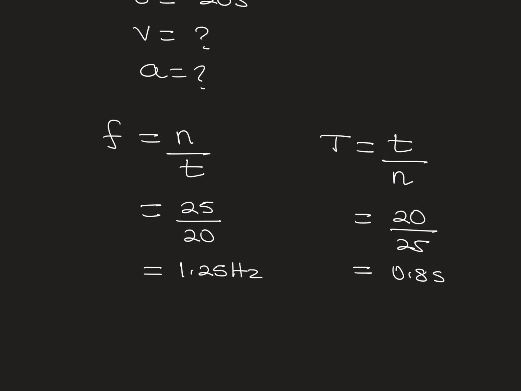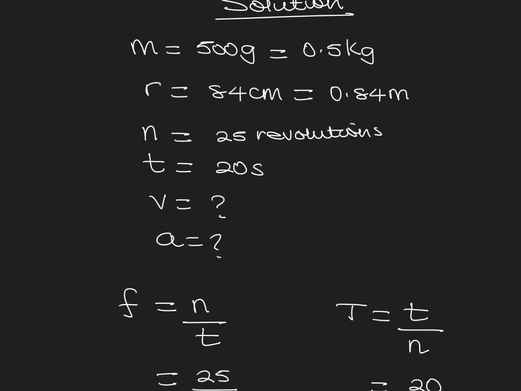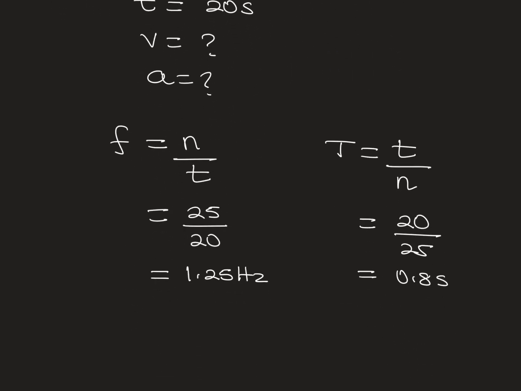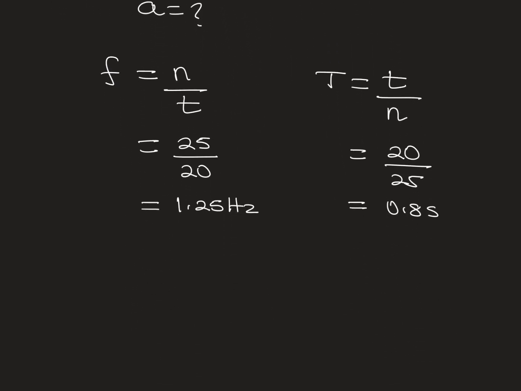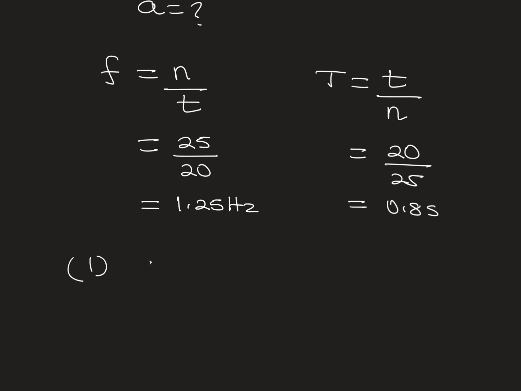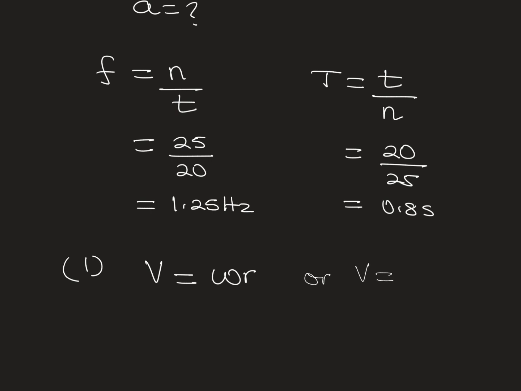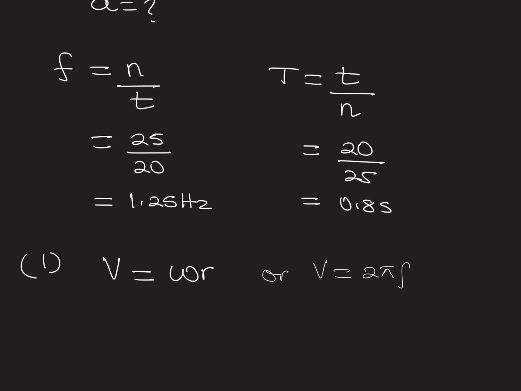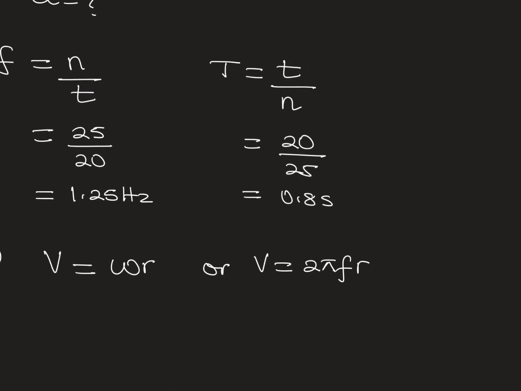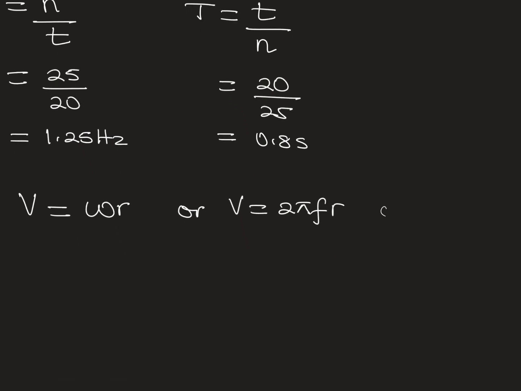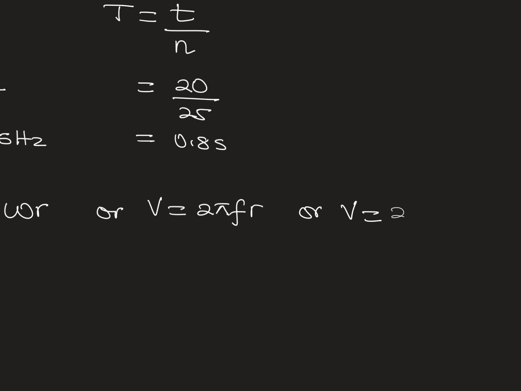Now let's see what we can find. If we want to find the linear velocity, v is either omega r, or v is equal to 2 pi f r, or in terms of the period, v is equal to 2 pi r divided by the period.